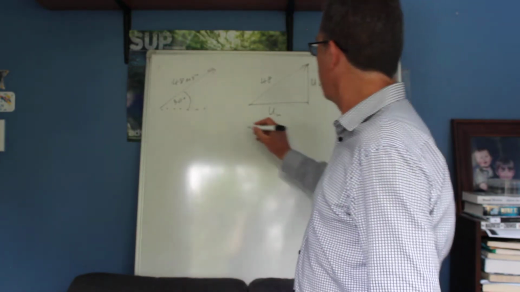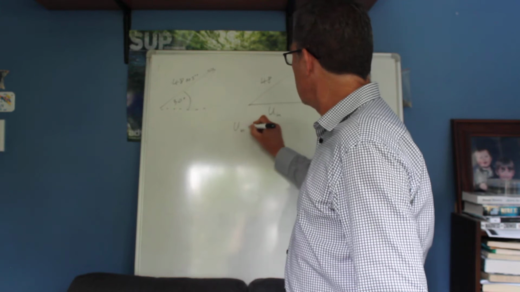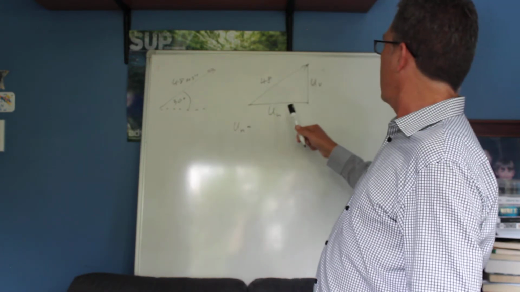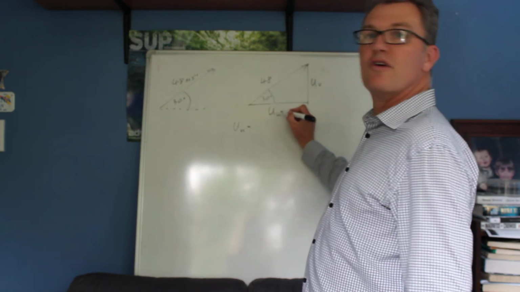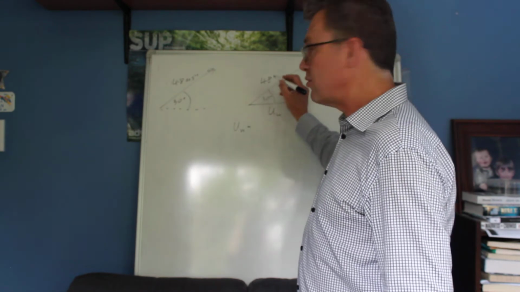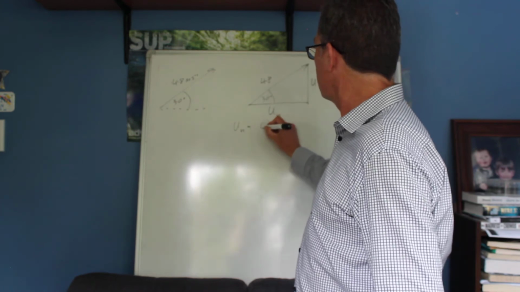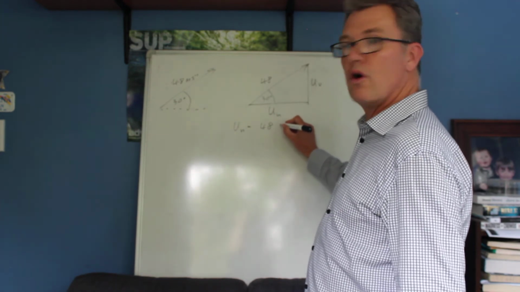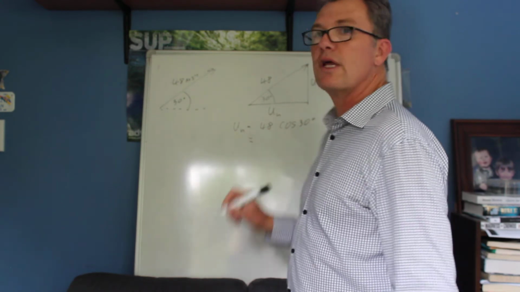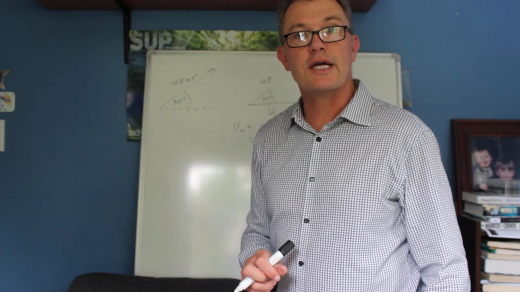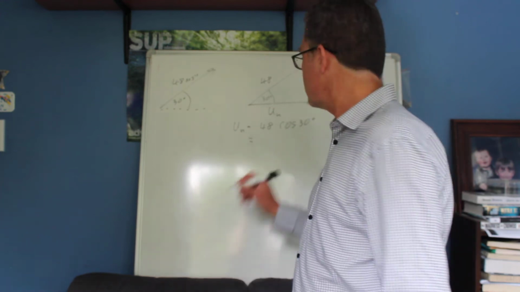Well, we'd say UH equals, it's our adjacent, here's our hypotenuse, so UH just equals 48 times what? It'll be cos 30 degrees, and 48 times cos 30 degrees is 41.6 meters per second.